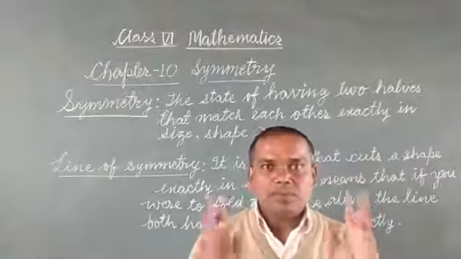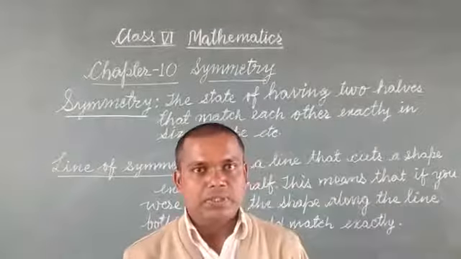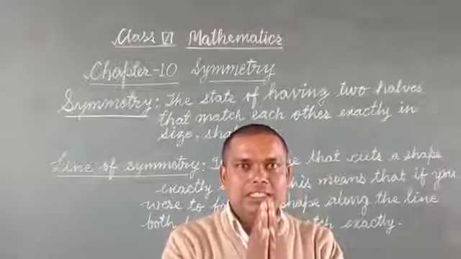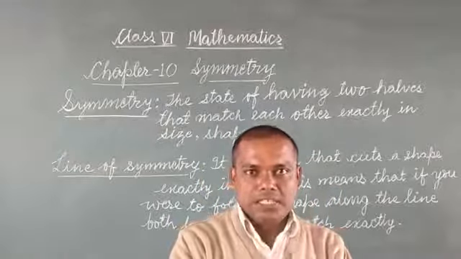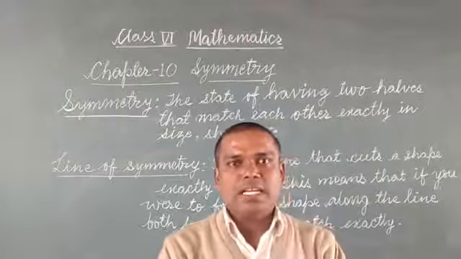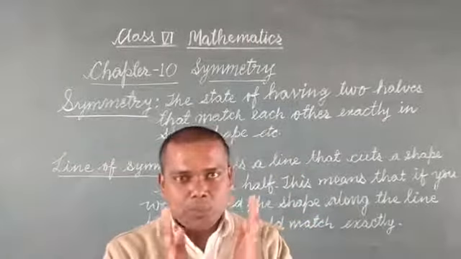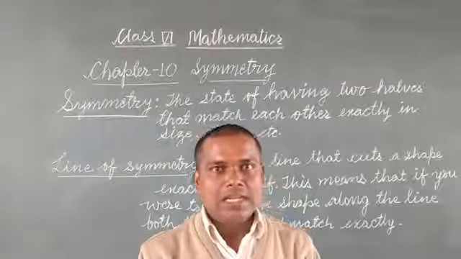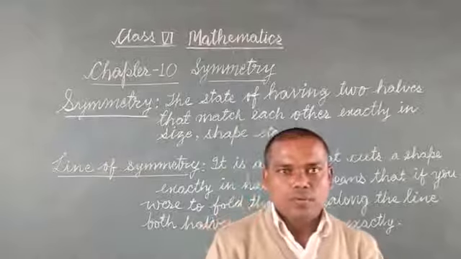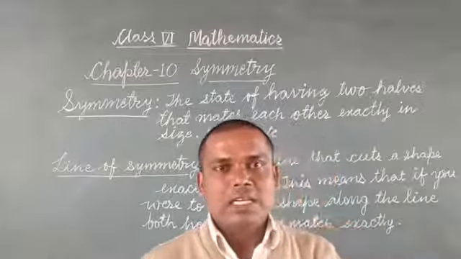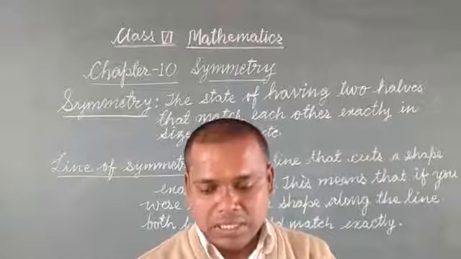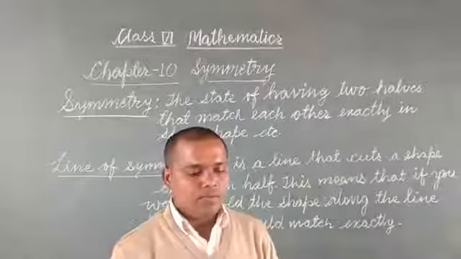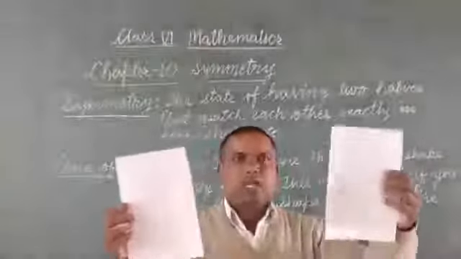Means if we have two halves of a paper and both match exactly in size and shape, then we say the two halves are symmetrical and the two papers are called symmetrical papers. See, I am showing with an example. I have one half, this one, and another half, this one.